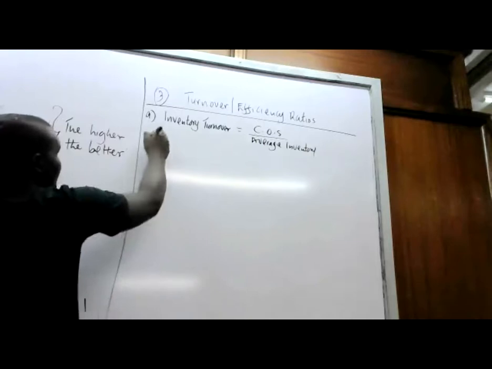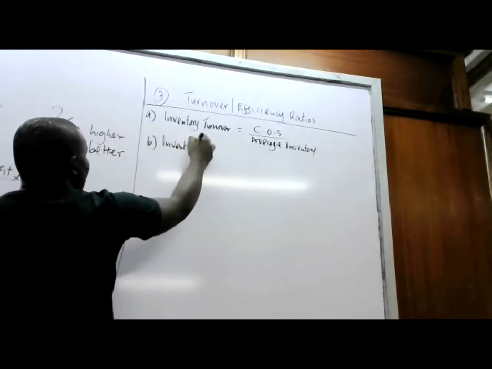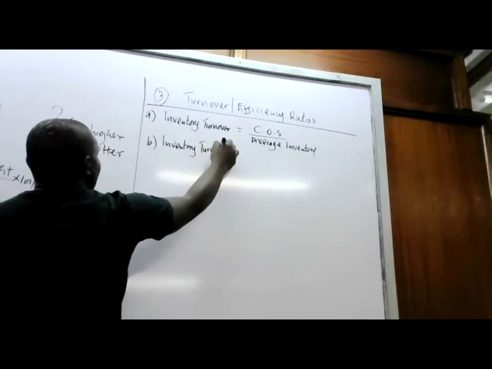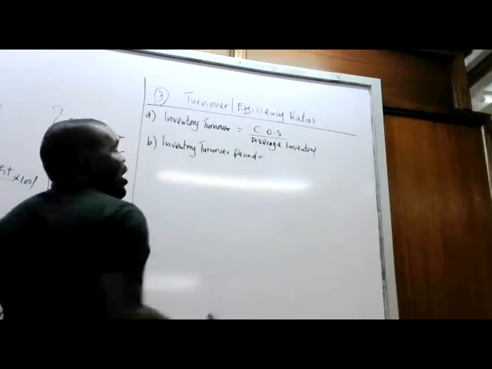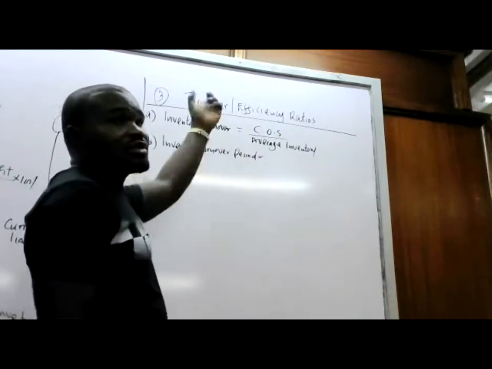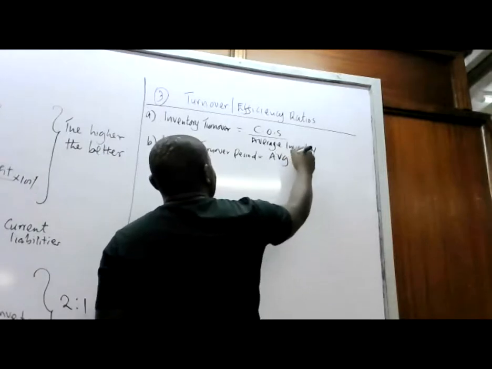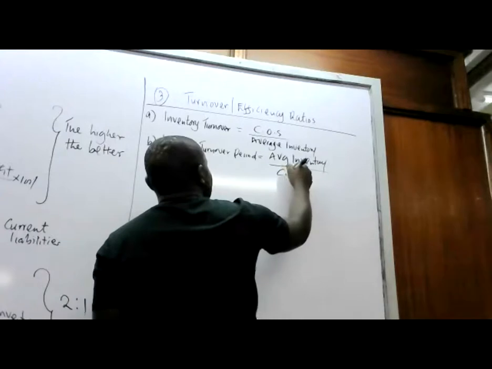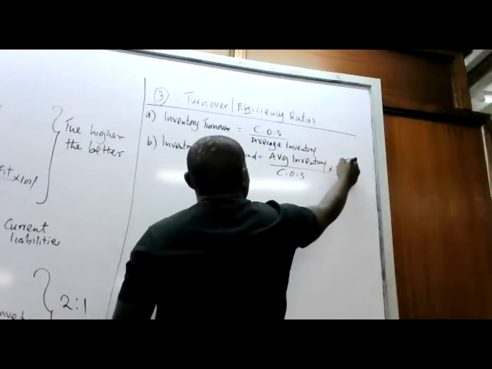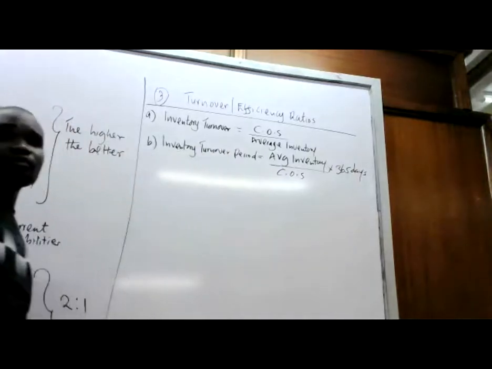Then inventory turnover period: you take the reciprocal of this, just turn it upside down. So it is the average inventory, you divide by cost of sales, and multiply by 365 days.